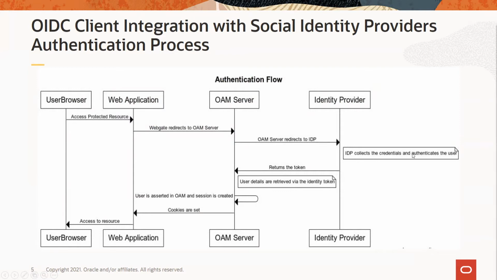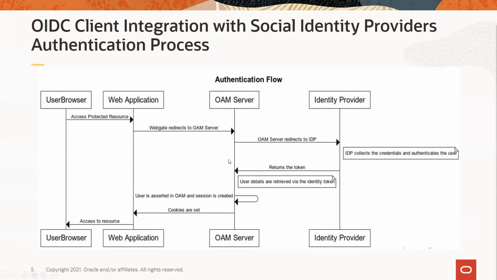The identity provider collects the credentials, authenticates the user, and after validating the credentials of the user, it returns a token containing the user attribute and the other relevant information necessary to identify the user, which is used as part of the OAuth and OIDC connection flow.